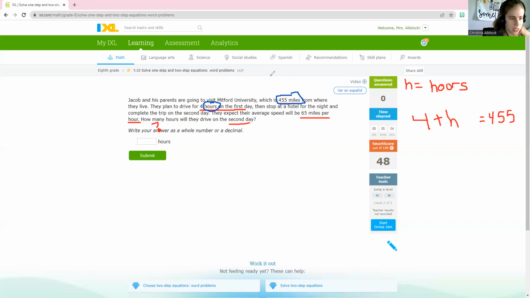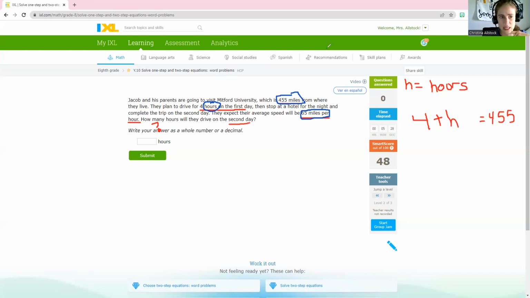Ah, looky here. Here it is. They're giving us the average speed. Obviously, you can run into traffic, but they're saying our average speed, since we're going to be on lots of highways, is going to be 65 miles per hour. That's what we need. That means every hour they'll be going 65 miles.